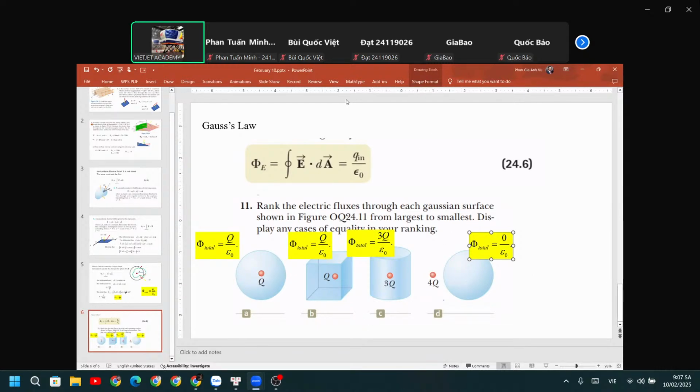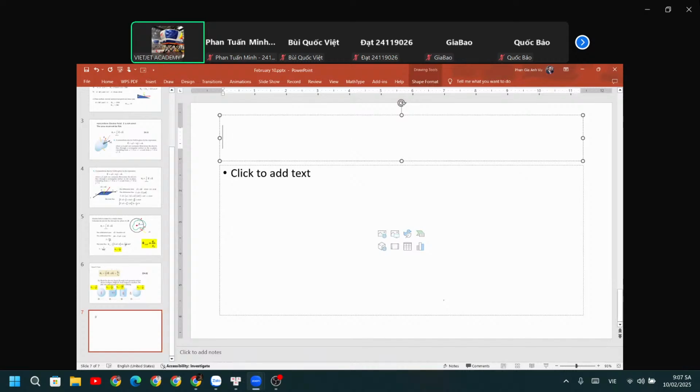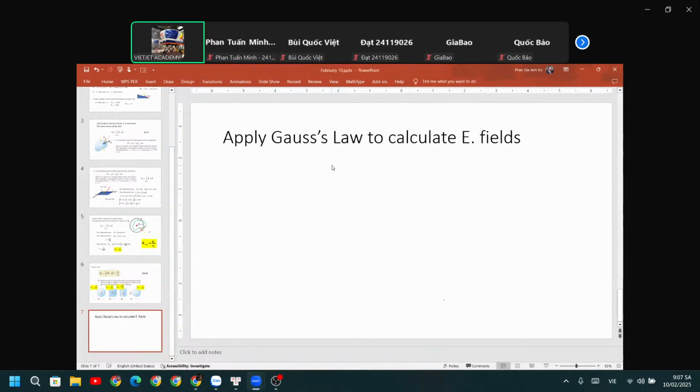So let's go a step further now. We will apply the Gauss law to calculate the electric field. Okay.